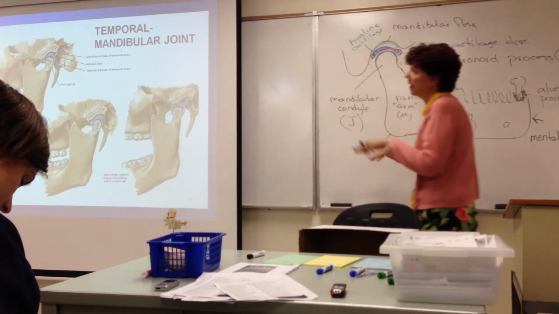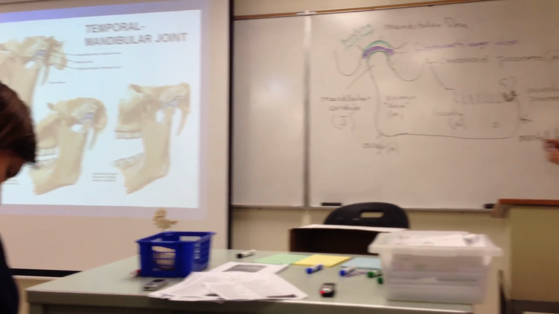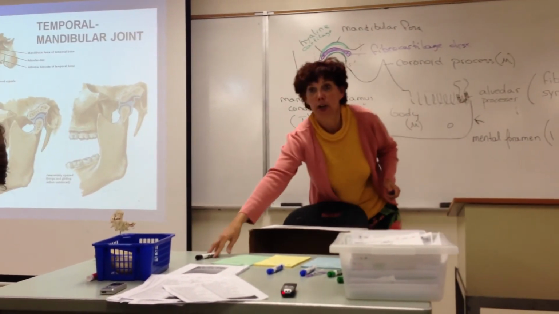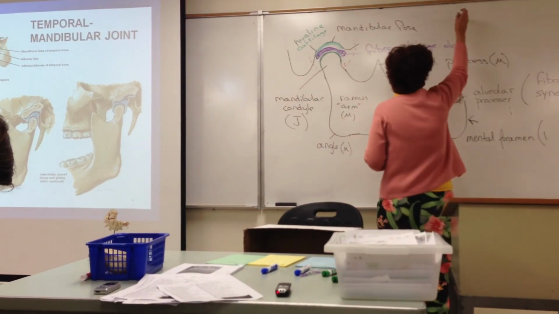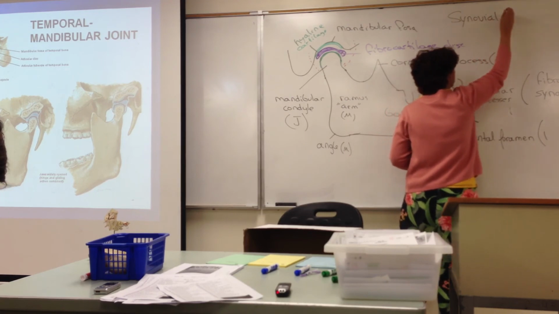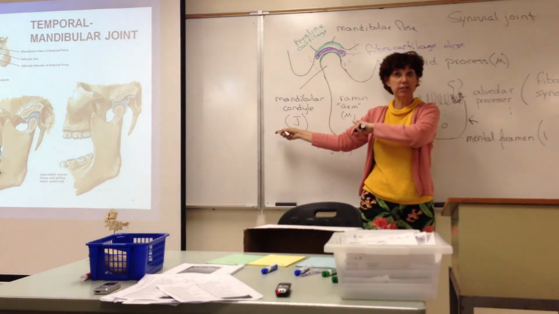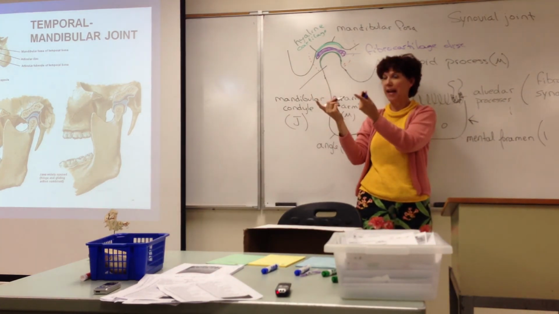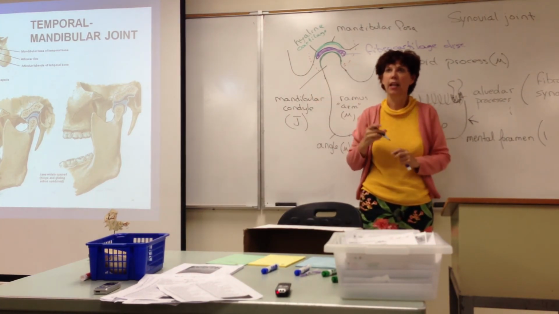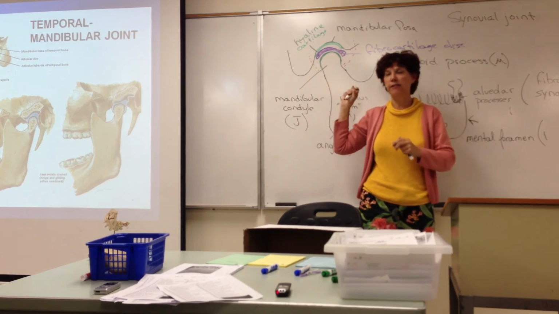Okay? So for the information on the TMJ, I want you to know that it is a synovial joint, meaning it's a space, a joint cavity enclosed by a synovial membrane. Freely movable, provided you don't have TMJ problems.